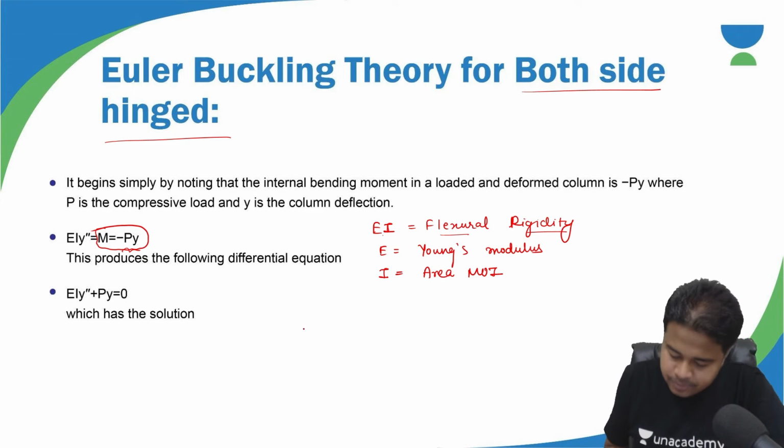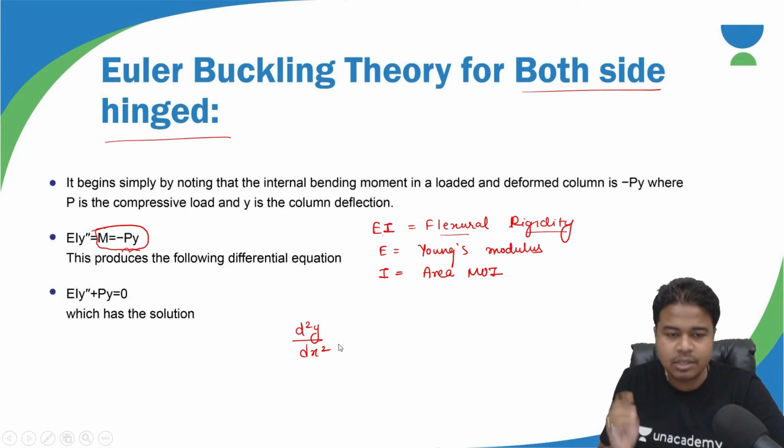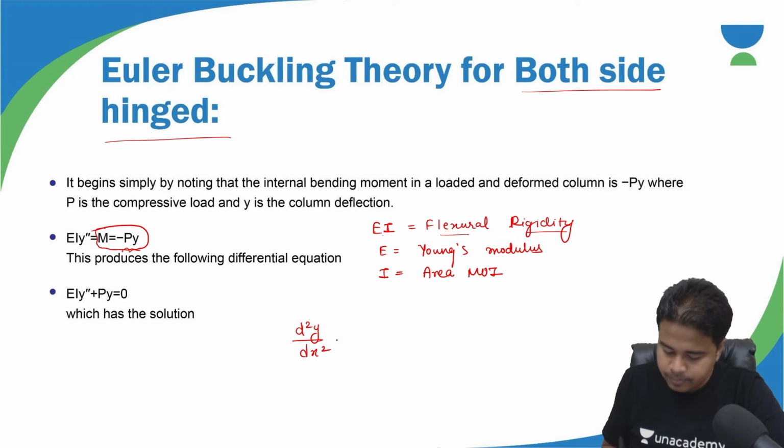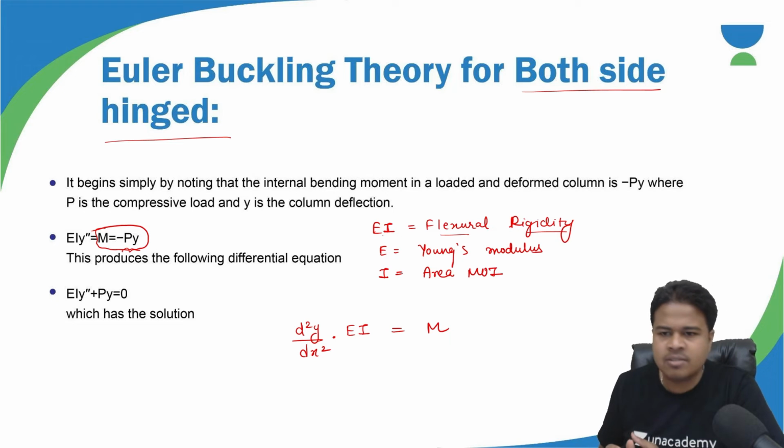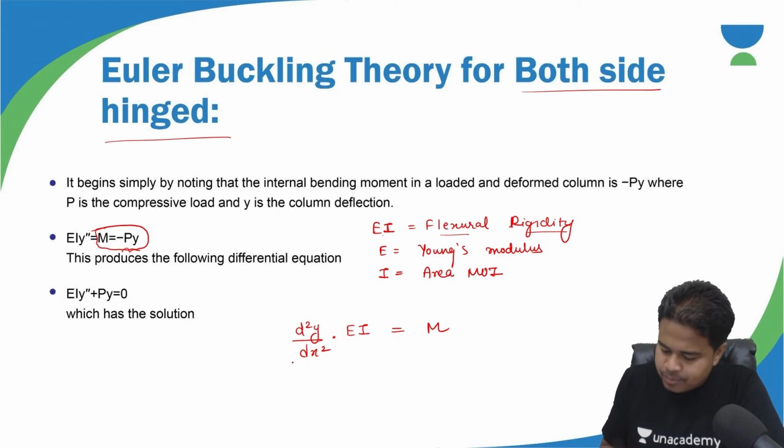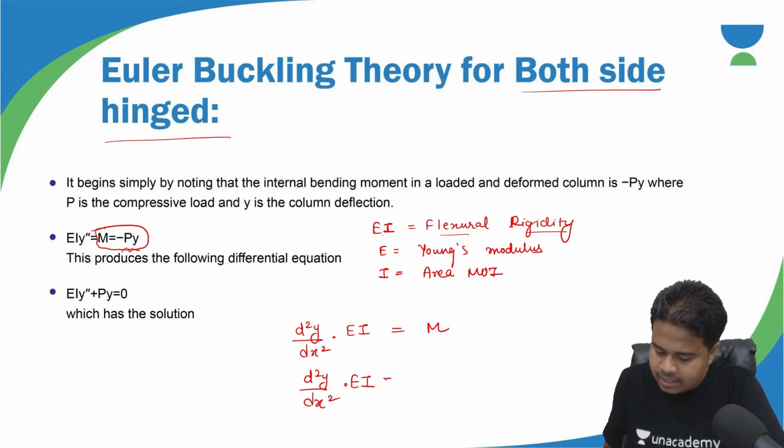Okay. Now, d2y by dx2 into EI is equal to M. This is the very well known differential equation in case of bending. Now d2y by dx2 into EI, in place of M I can write minus Py.